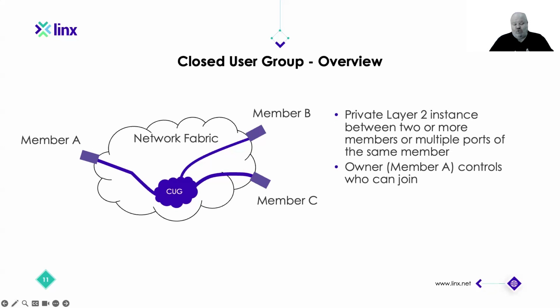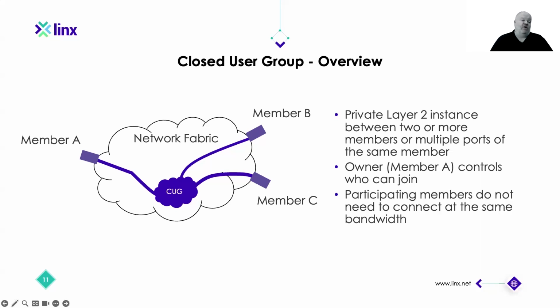The member who orders the service is what we call the owner. He controls who can join the closed user group, who can participate in it. So it's always the owner who has full control over the closed user group. The ports and services that are connected into the closed user group don't need to all have the same bandwidth.